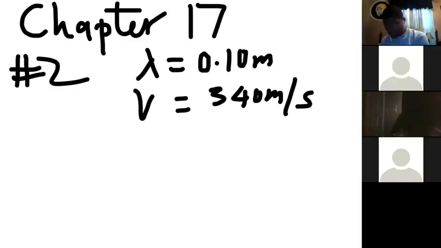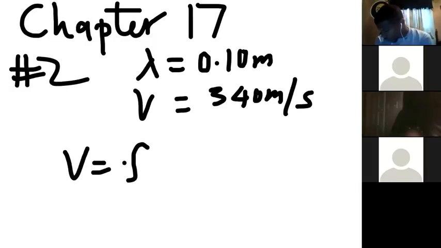Which equation relates the wavelength to the speed of sound? V equals frequency times wavelength. Okay, so we're looking for frequency.